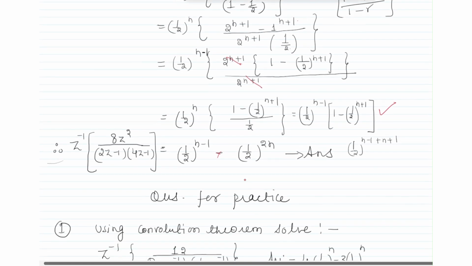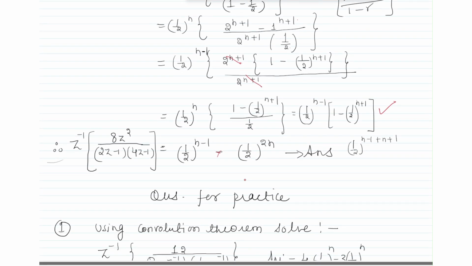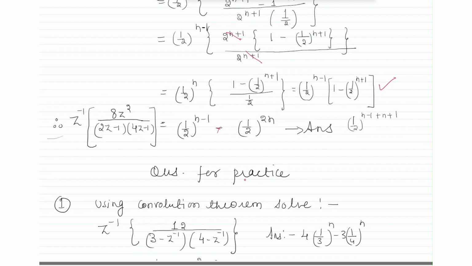So what we're looking at here: to solve the z inverse of a function which is the product of two sequences, we always have to use the convolution theorem, or we can also use partial fractions. So in the next lecture, in the next notes, I will provide how to find the z inverse transform by using partial fractions.